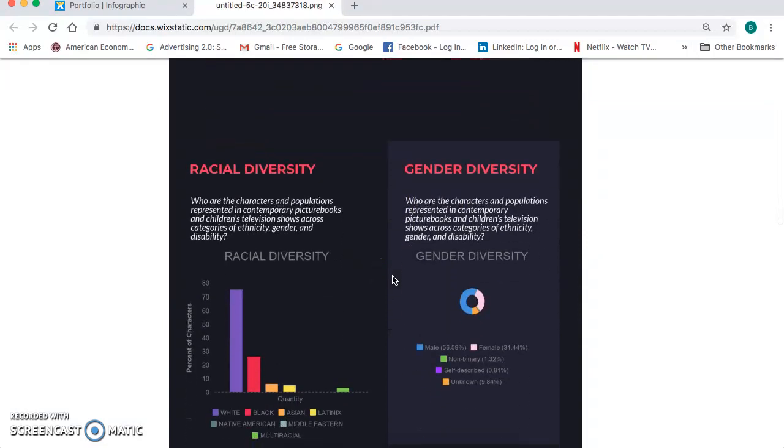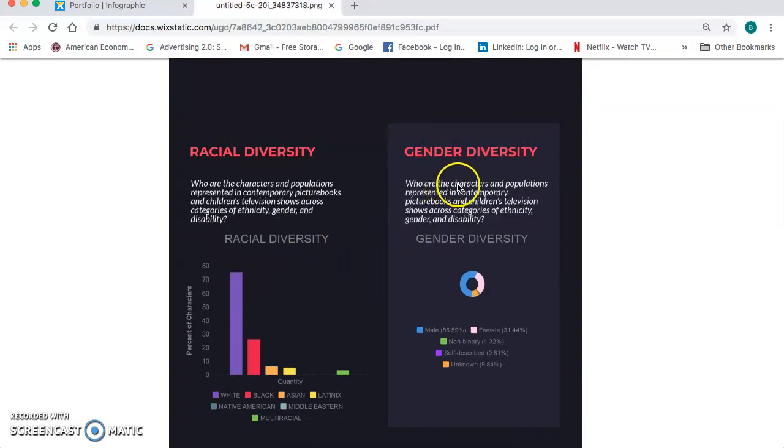So if you look here, for example, racial diversity and gender diversity, here we have the main question: who are the characters and populations represented in contemporary picture books and children's television shows across categories of ethnicity, gender, and disability? It's the same question for both of these. I've just broken it up into racial diversity and gender diversity.